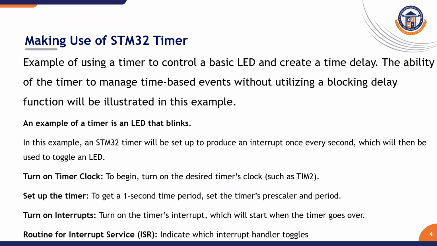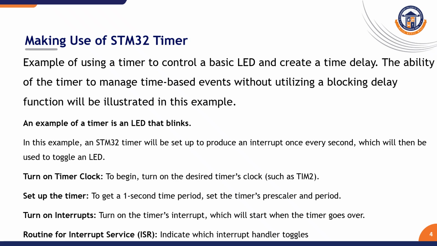After setting up the timer, we turn on the interrupt. After the time is over, we need the interrupt to be turned on. For example, in this LED program, we turn the LED on and off. Once the interrupt is enabled, it will fire when the timer goes over.